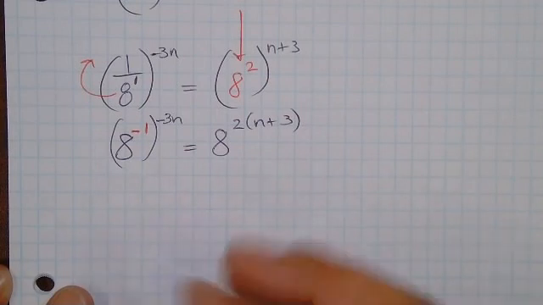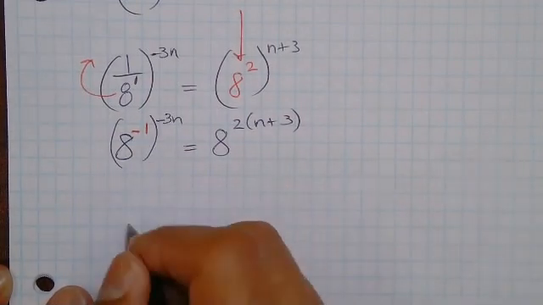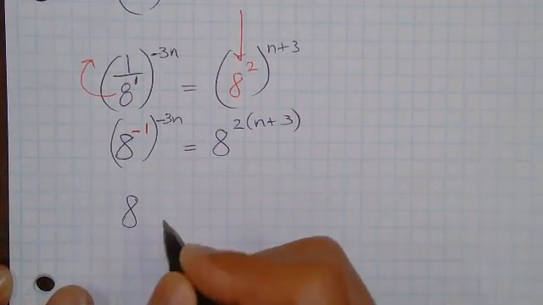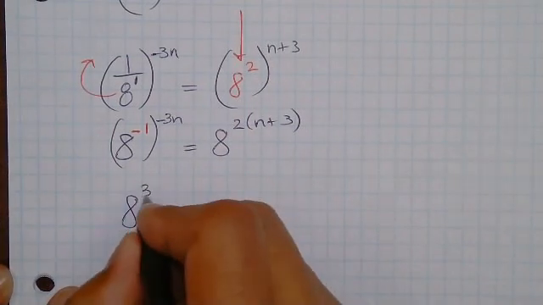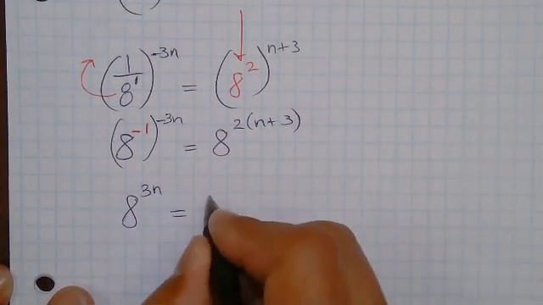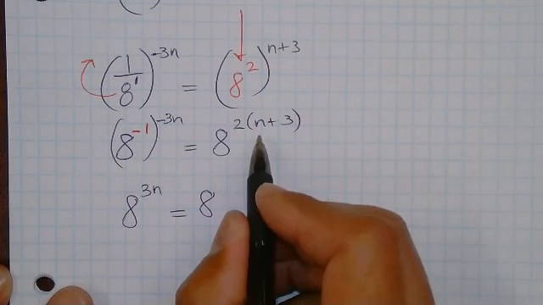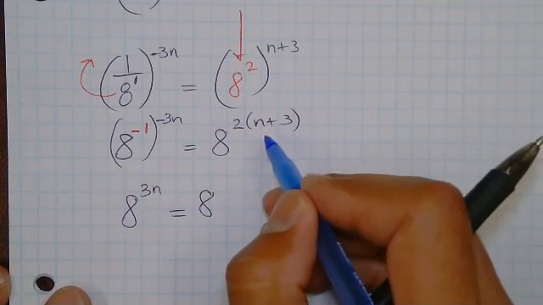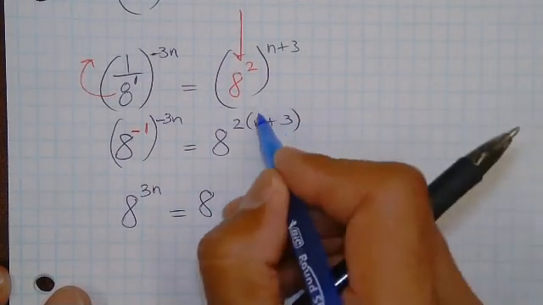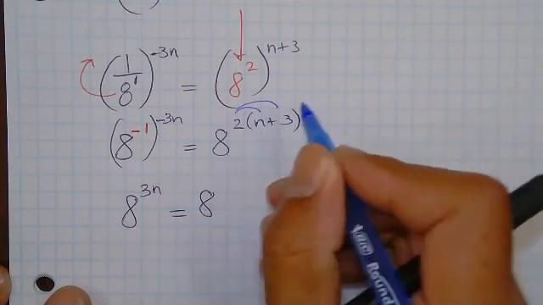You see that? Is that good? All right, that's it. What's left here? Tell me what's left here. 8 to the positive 3n is equal to 8 to the, what's going to happen? 6n?